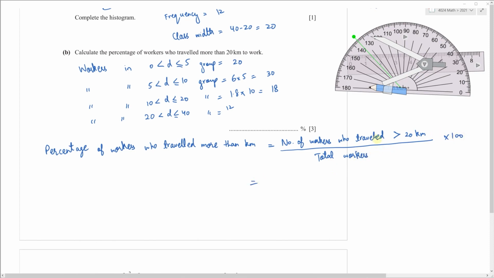So the number of workers who traveled more than 20 kilometer is in this group, who traveled more than 20 but less than or equal to 40. So this is 12.